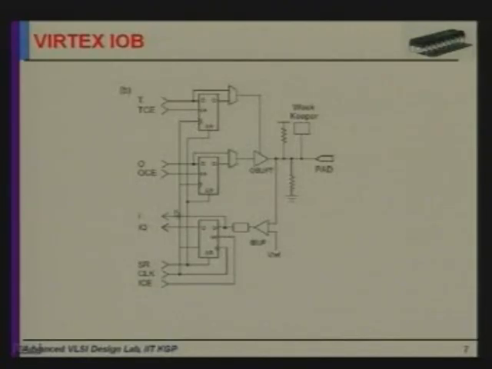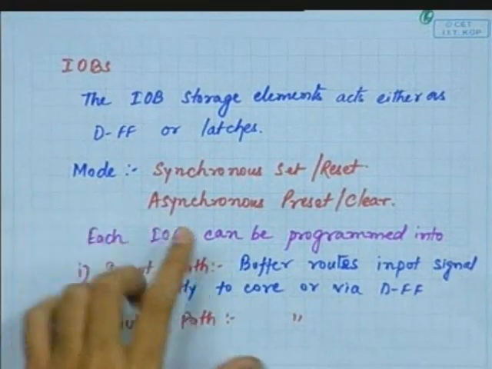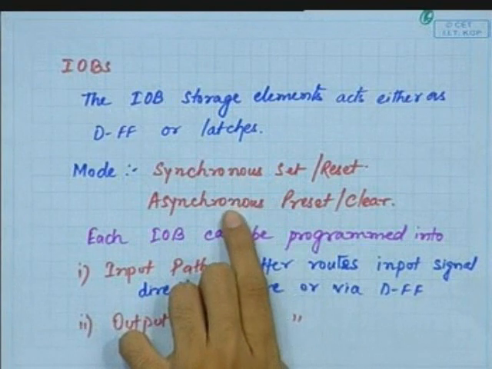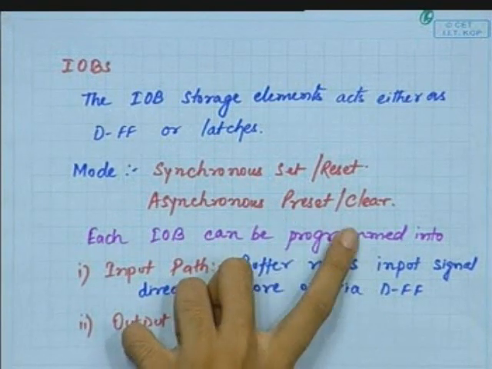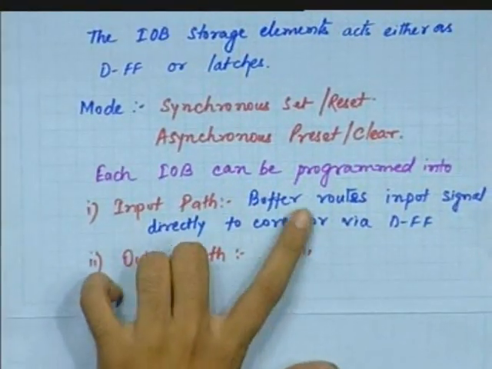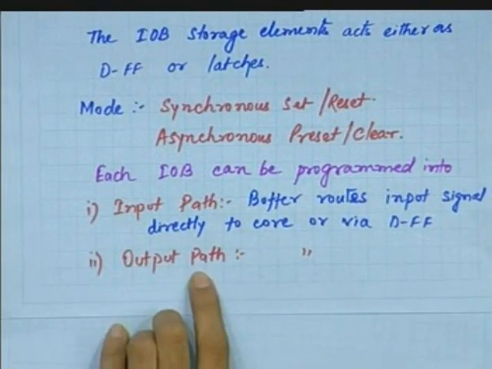Okay. Now there are certain modes in which this IOB can work. That is the synchronous set mode, synchronous reset mode, asynchronous preset mode, asynchronous clear mode. We will not go into details of this. Now we talked about it, that each IOB can be programmed into input path or the output path.